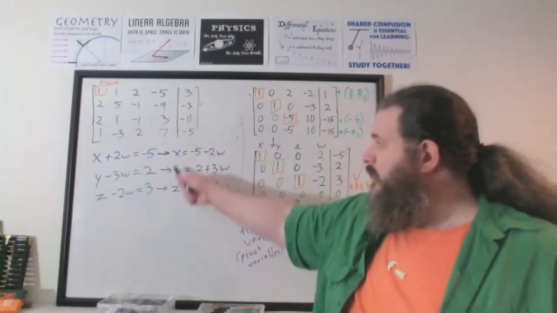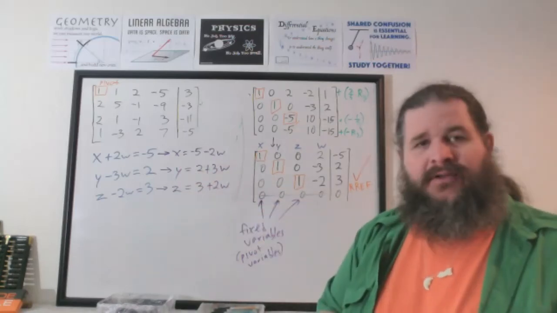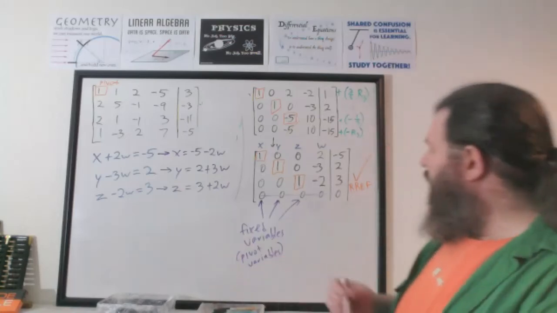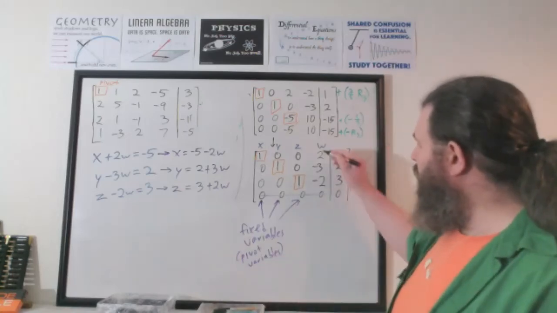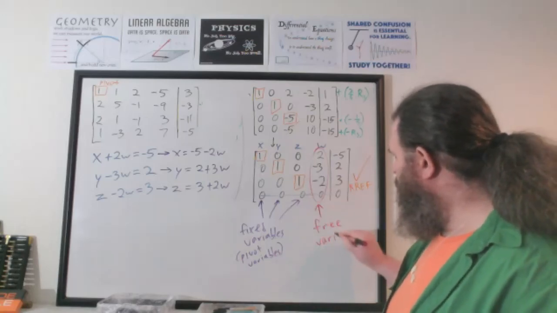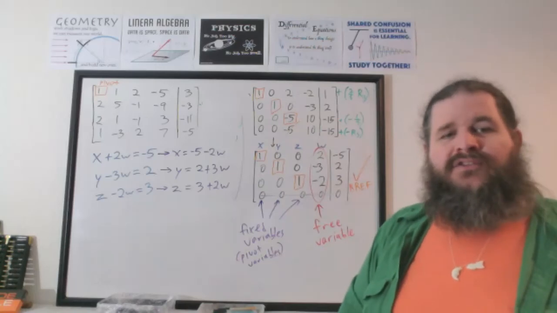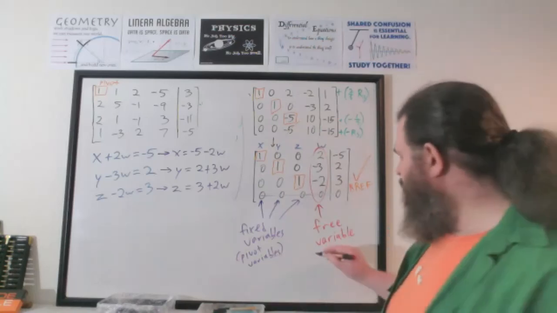And those are the variables we're going to be solving for in terms of the other variable or variables. And that variable or those variables, the ones without pivots in the columns, those are typically called the free variables. There might be one or there might be several, but essentially any columns with no pivot.